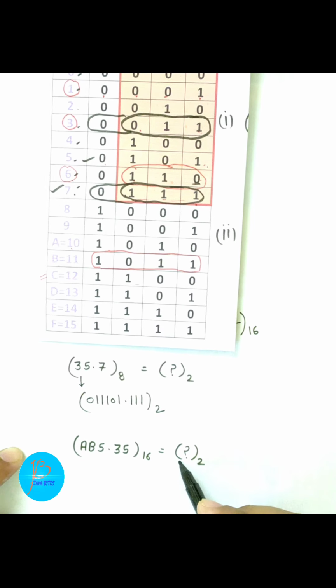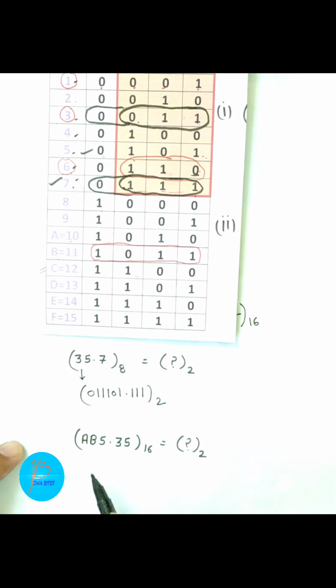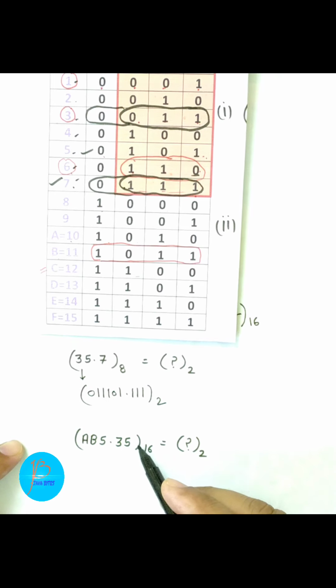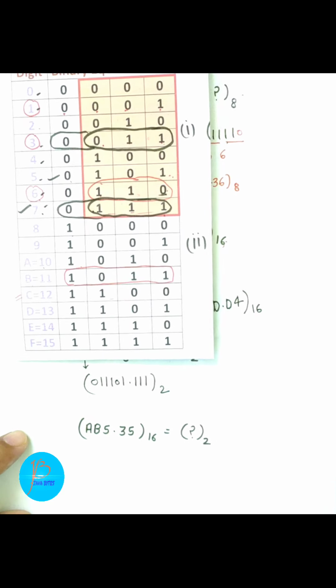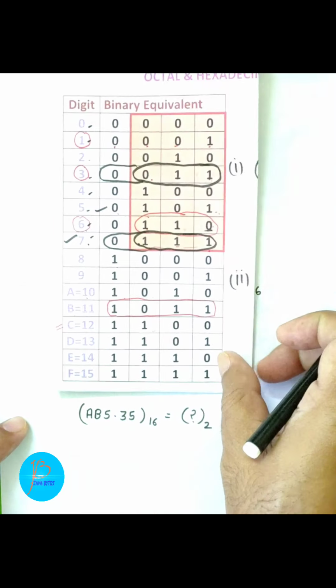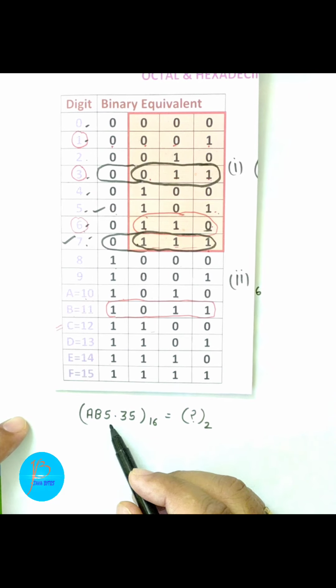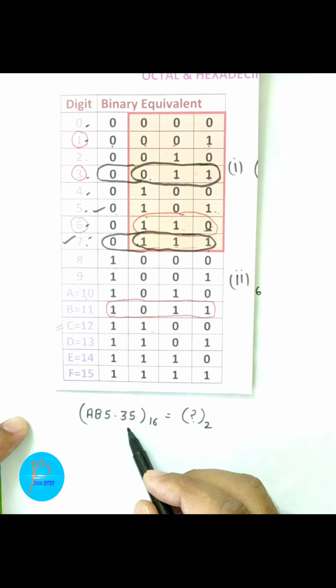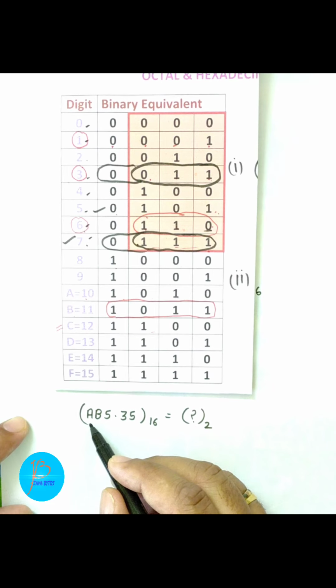In the same way, look at the last example, children. It is given AB5.35 on base 16, and we have to find its binary equivalent. For binary equivalent, you just note down the binary equivalent of these given hexa digits, of length 4.